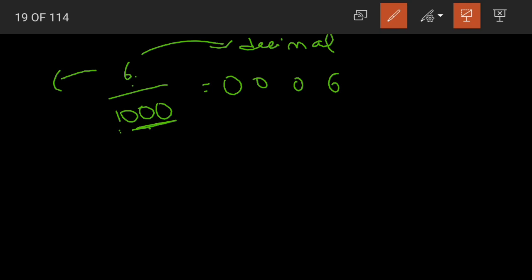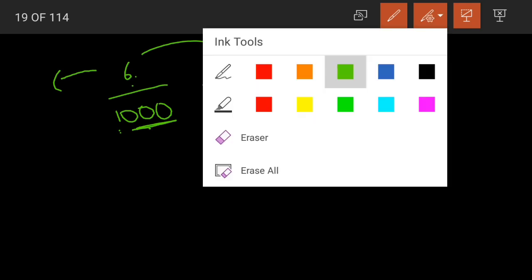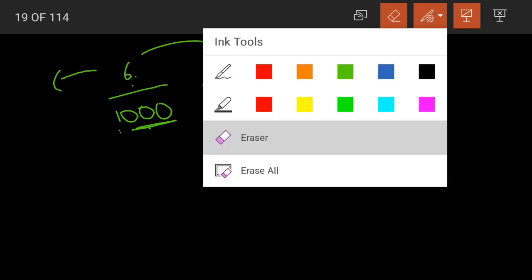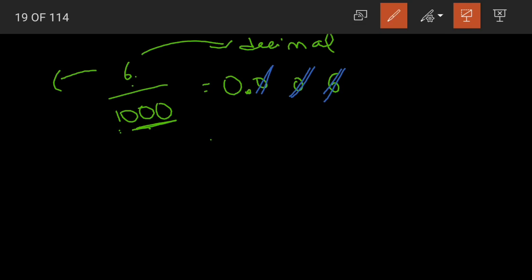We are having 3 zeros in the denominator. So from the number 0006, we count 3 digits from the right side. 1, 2, 3. After counting the 3 digits, we place our decimal point. 0.006 is our correct answer.